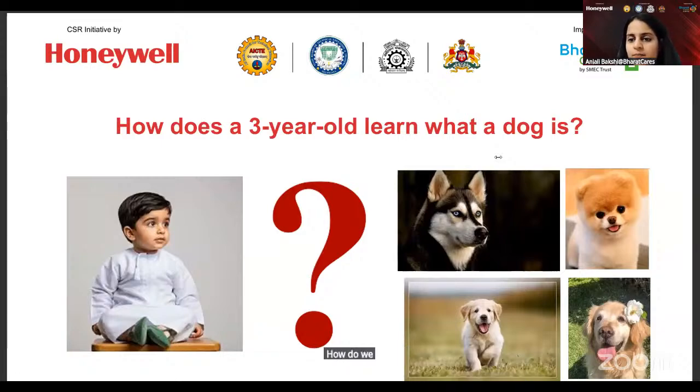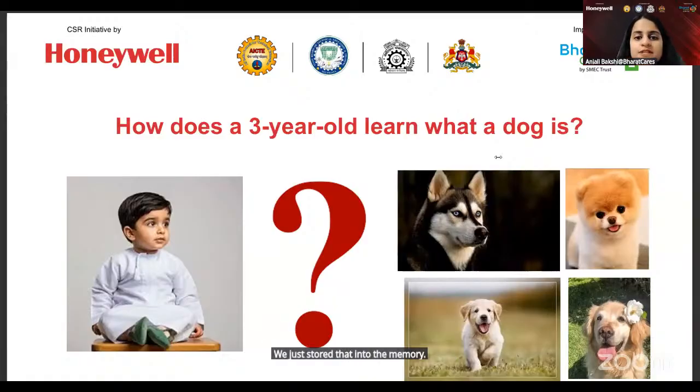How do we teach them? Okay, by showing them, Shrushti says. By classifying physical features, Dhruva says. Okay, he has come across dogs multiple times and has registered that in memory.